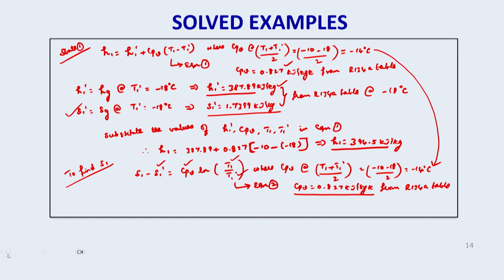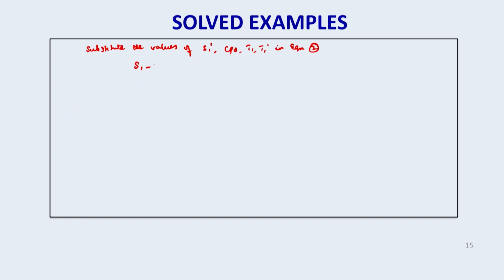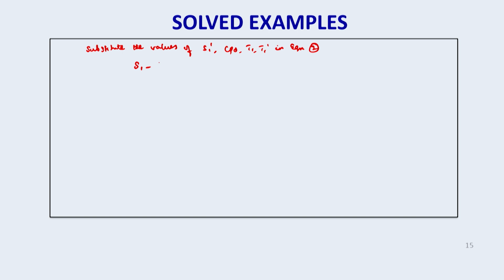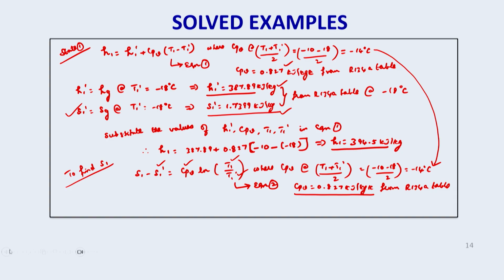Let us rearrange this equation and write, or let it be as it is. S1 minus S1 dash, the value of S1 dash is 1.7399, is equal to Cp of vapor 0.827 into ln of T1 by T1 dash. Since the temperature is in a ratio, we have to substitute in Kelvin.